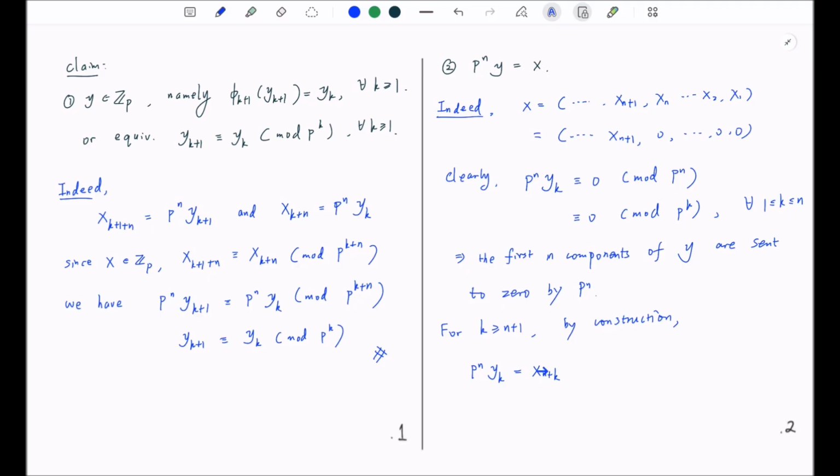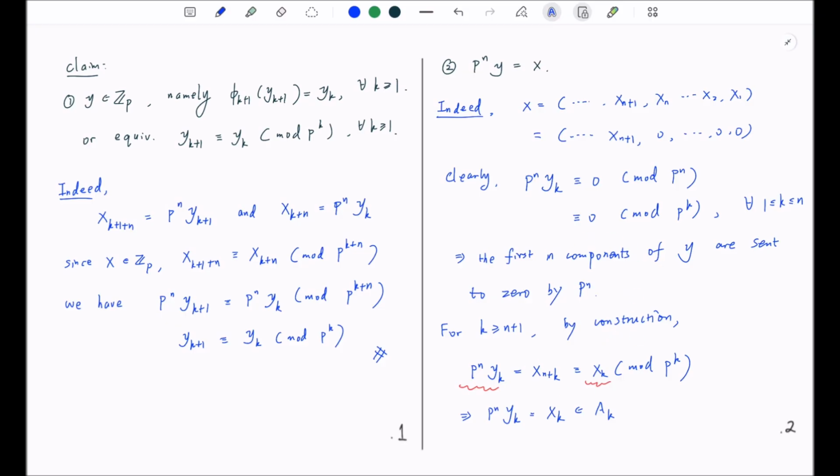And by the compatibility of x, we have that x_{n+k} is congruent to x_k modulo p^k. So p^n times y_k is equal to x_k as element in A_k for any k bigger or equal to n+1.